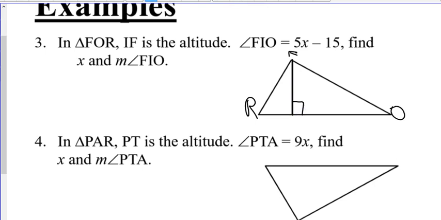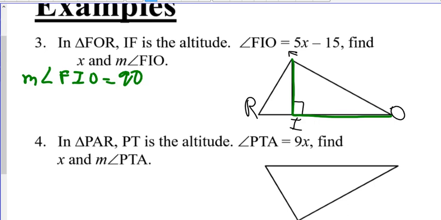Now it says FIO, F to the I to the O. We know it's 90. It says find x and the measure of angle FIO. Well, we already know FIO. That's easy. The measure of FIO equals 90, since it's an altitude. So we're done there. We still have to find x.